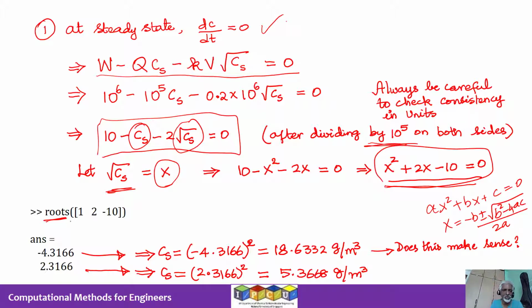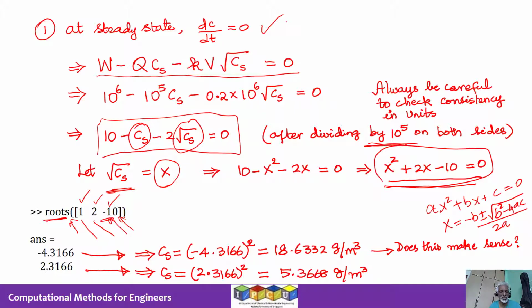So all I do is roots, ordinary brackets open, and then within square brackets, I just give the coefficients starting from the coefficient of the highest power, which in this problem is the coefficient of x squared, which is 1, then the coefficient of x, which is 2, and then the constant term. So you just type out the coefficients in the decreasing order and end up with the constant term in the equation. And then square brackets close, and then ordinary brackets close.